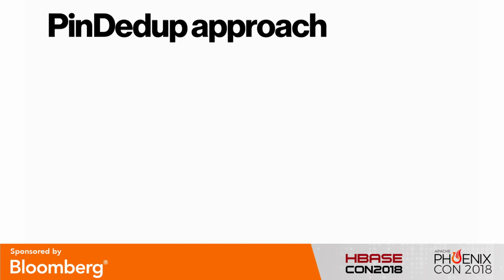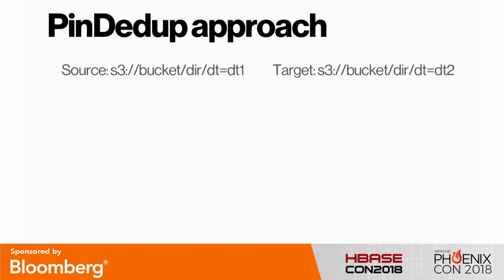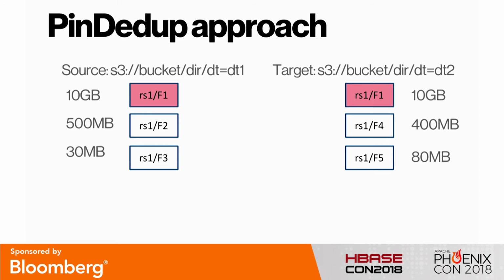Let me briefly illustrate how pindedup works. It takes two parameters, the source location and the target location. These are two S3 locations with adjacent backup dates.